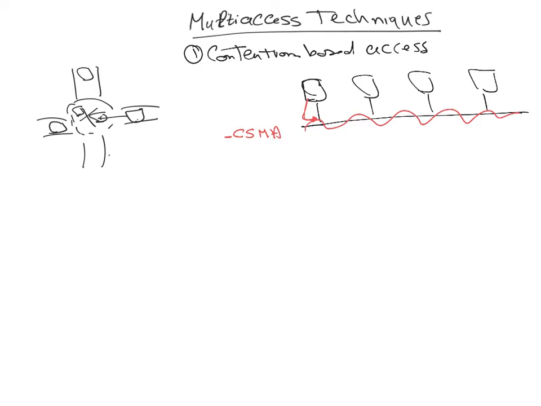So what does the node use to measure whether or not there is someone sending over the line? Anyone knows? What does any node use to detect, or to find out, or to realize that there is a signal on the line? What do we need to do?